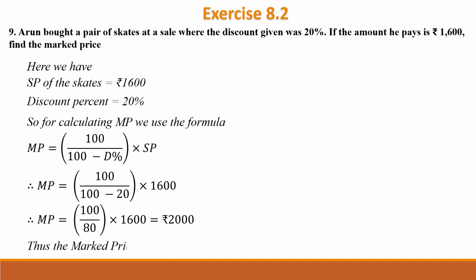So the marked price of the pair of skates is rupees 2000. This is how we can solve this question with the help of the formula for calculating marked price when the discount percent and the selling price are given.